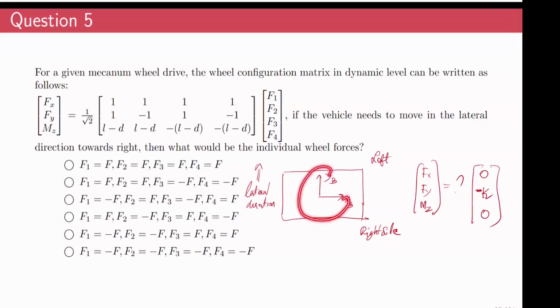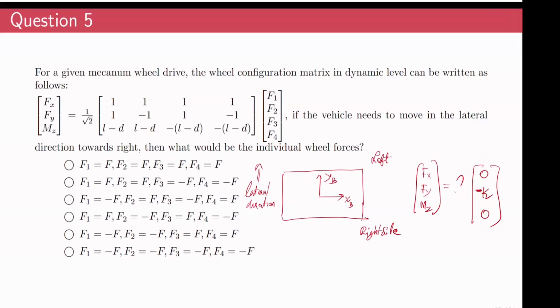about ZB axis. So if it has to move along the right side, this is how our Fx, Fy, Mz vector should look like. And which of the combinations of F1, F2, F3, F4 will give you this vector?